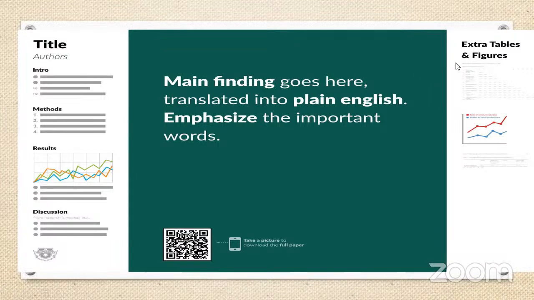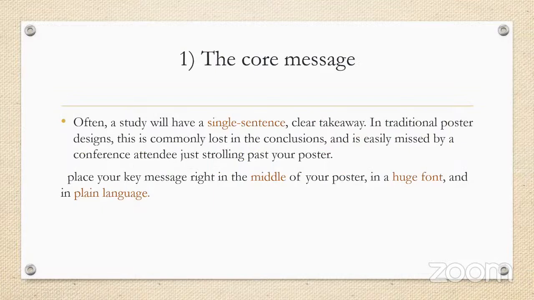So usually posters are divided into 3 parts. Here, the core message. And here is called the silent presenter bar, where you write the introduction, method, results, and conclusion. And here are any extra tables or figures you want to discuss with the attendee. First, we have the core message. Often a study will have a single sentence, clear takeaway.